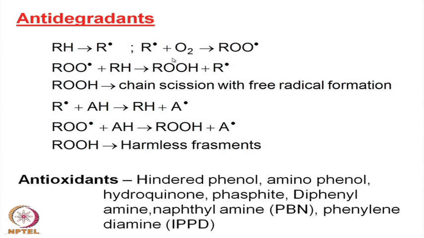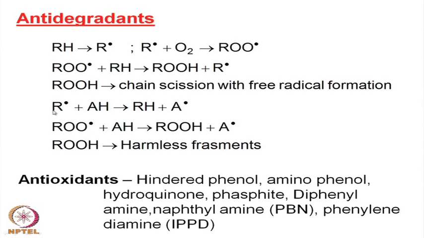Now, in order to prevent the rubber product from such degradation, an anti-degradant of AH type is used. This AH represents one anti-degradant, which can be an antioxidant, etc. That antioxidant, anti-degradant will react with the free radical produced, like this R radical, by supplying hydrogen from its backbone to stabilize the R radical. That means RH has been regenerated.